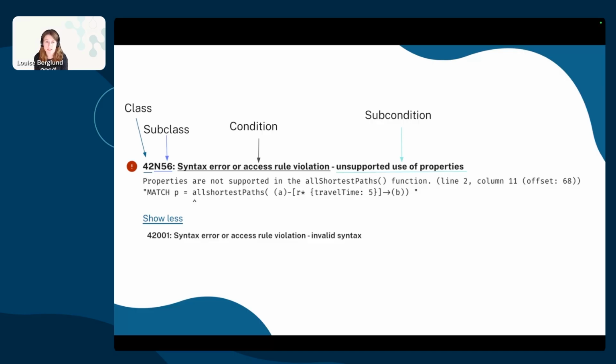So N56 in the context of 42 means unsupported use of properties. This is often quite short and summarized. So we also have an additional message with more details, which is the 2 lines below. And this part can also include parameters. So it can be more specific and contain, like, your invalid input or parts of your database settings or similar.